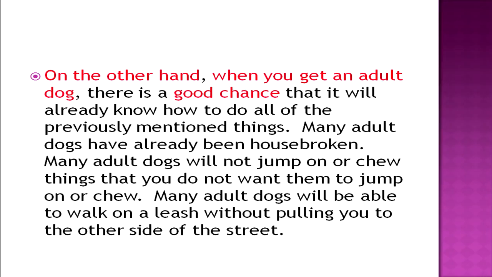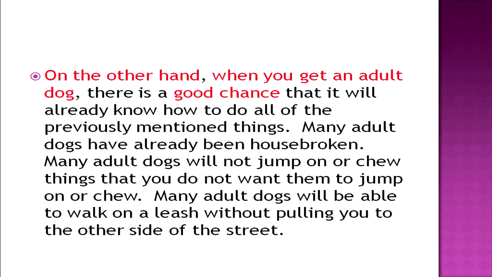When you get an adult dog, there is a good chance, mark the phrase, good chance, that it will already know how to do all of the previously mentioned things, that is, inconveniences that have been talked about. Many adult dogs have already been housebroken.